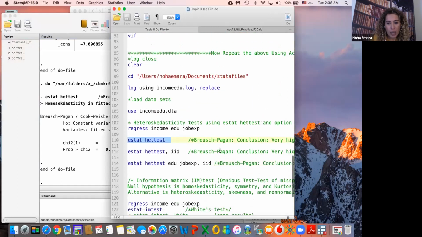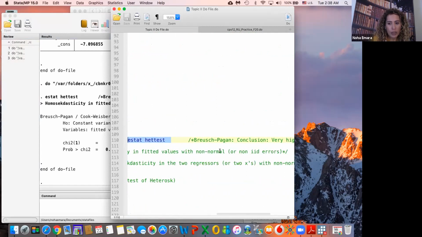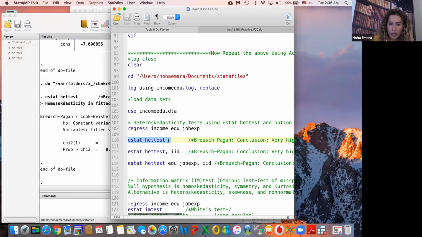As you can see, we have different versions of the test. This one here doesn't have IID. This one is saying that you don't have the IID assumption, independent, identically distributed assumption.